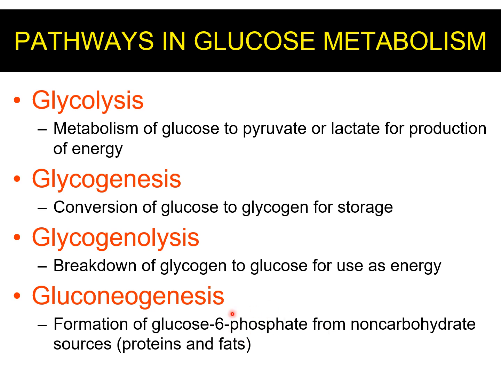And take note also that glucose 6-phosphate is the first substance that is produced in the glycolysis pathway by the action of the hexokinase. So the next topic will be discussed in the next slide.